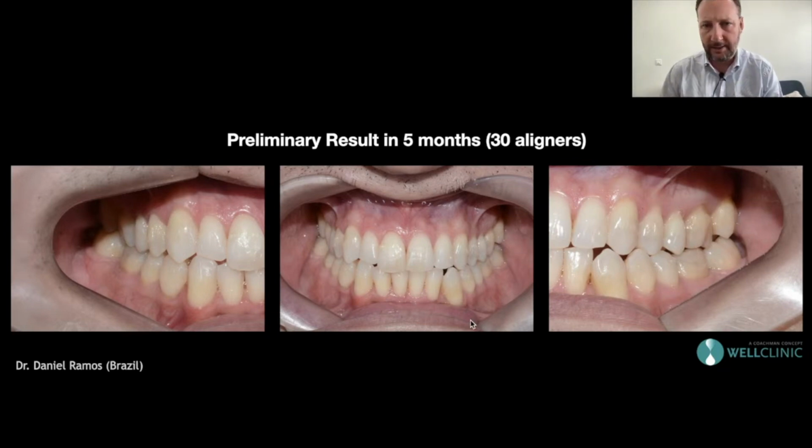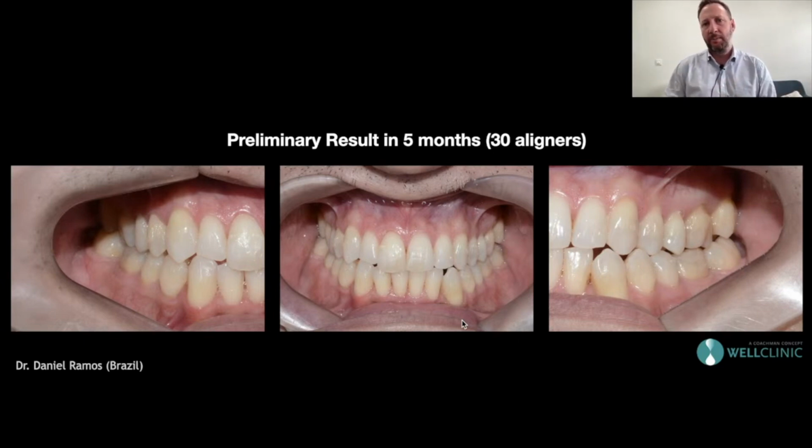Of course, it's not ready here, but in just 5 months, we could get to a much better condition, solving the most important problems. And now the additional set of aligners, because it was a complex case in terms of crowding, and additional aligners are very common and normal for this kind of case. Now the additional set is much easier and simpler. So I transformed very fast a complex case into a very simple one.